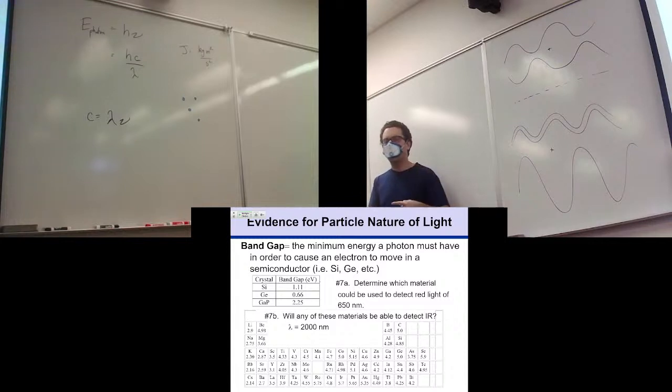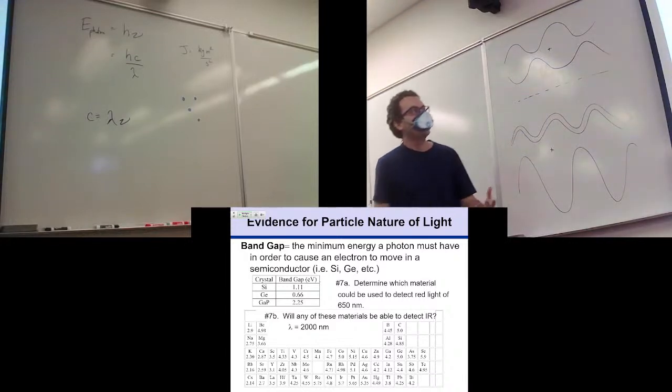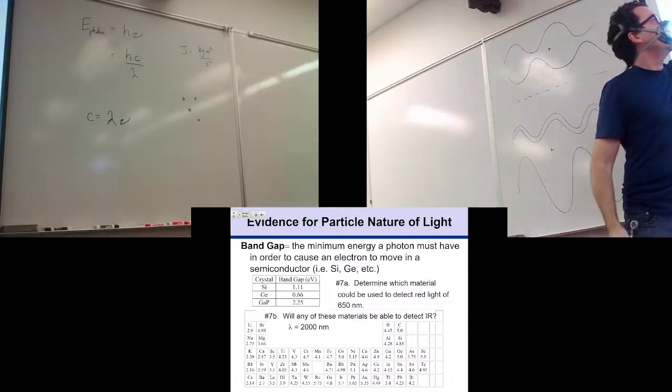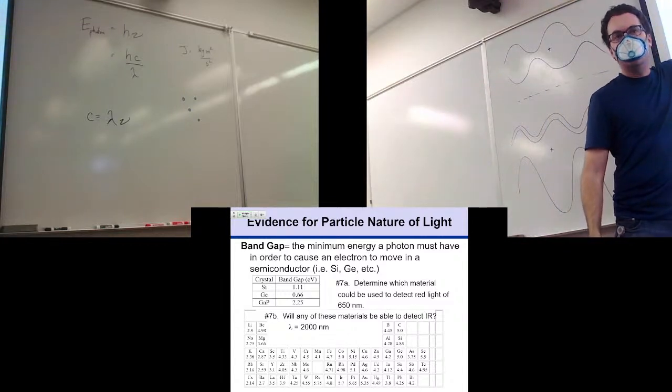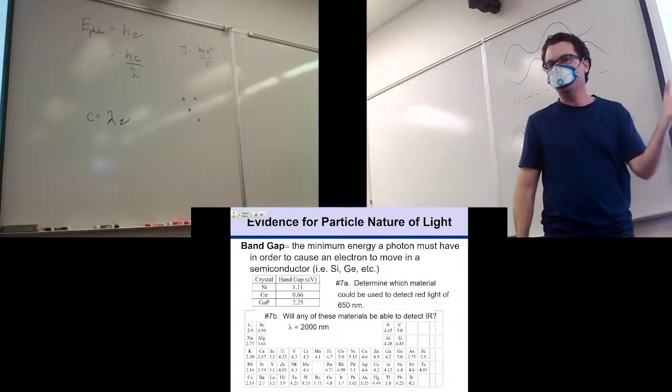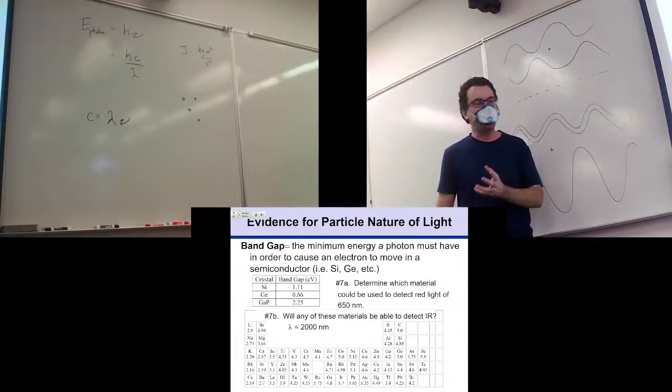If you were an electronics person, you might think that describes a switch. It's not conductive, and then I do something to it, and suddenly it's conductive. That's what a semiconductor is. The band gap is the energy required to make it conductive. That's specifically what a band gap is.